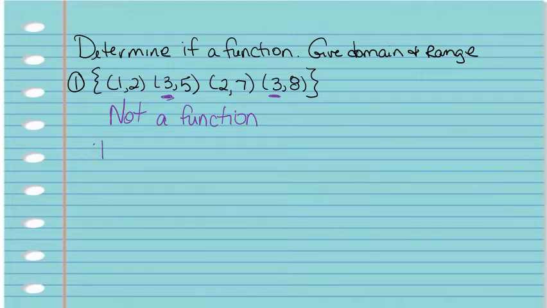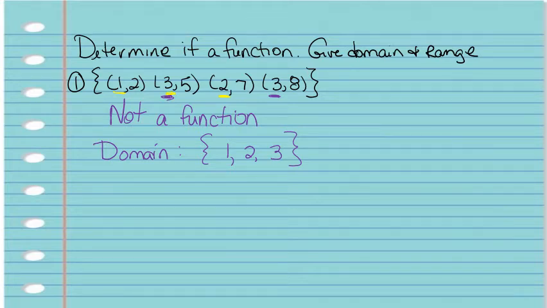Now, the domain is all the possible x values in a relation, or it could be a function. And so the domain is 1, 2, 3, because those are the x values in this relation, because we determined it wasn't a function.